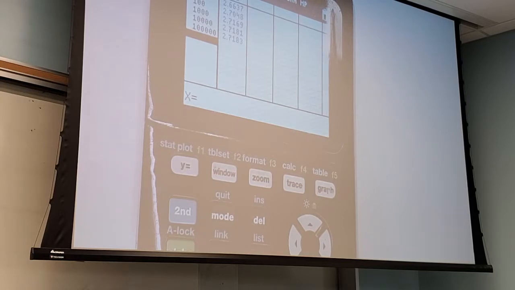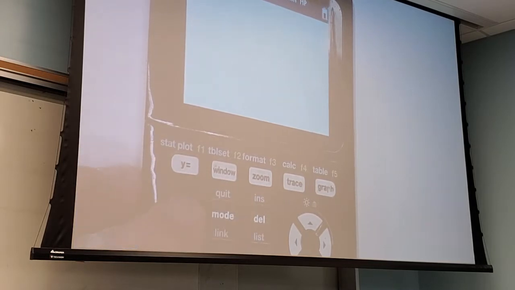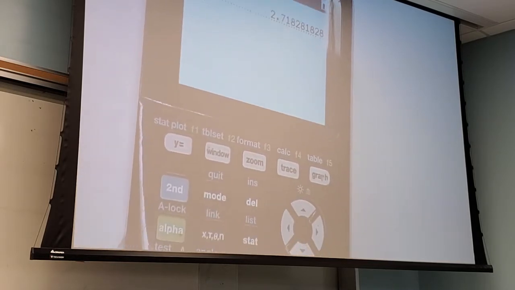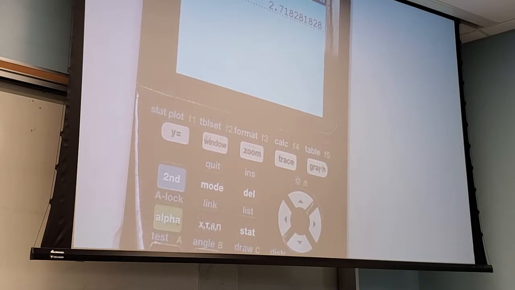Now that, to me, is the less interesting example. That number right there, and you can't see all of it, would basically come out to be that. It's e, right? So as x goes to infinity, this, let's call it y, goes to what we call e, which is about 2.71828, blah, blah, blah.